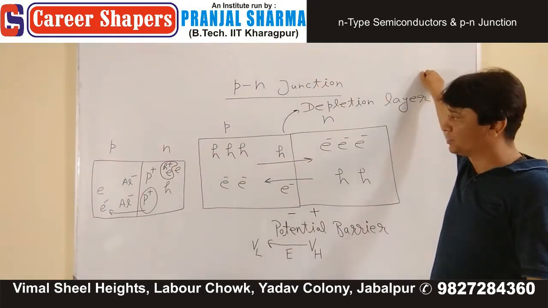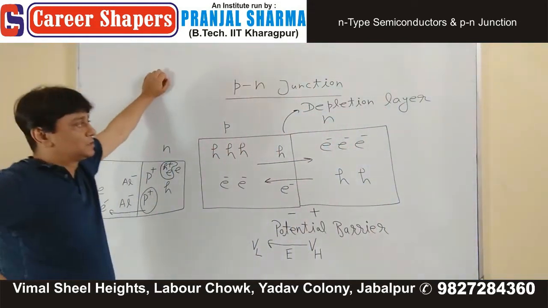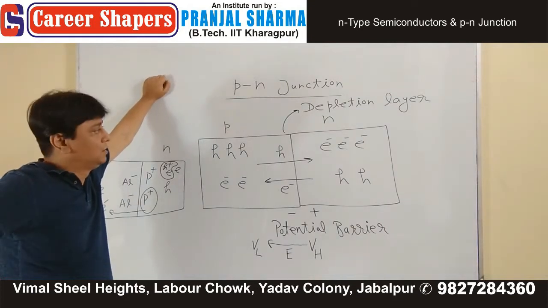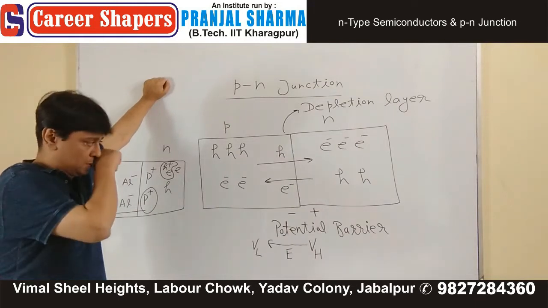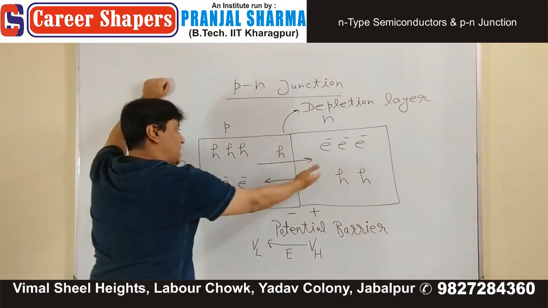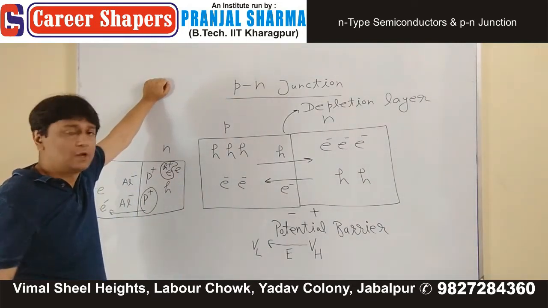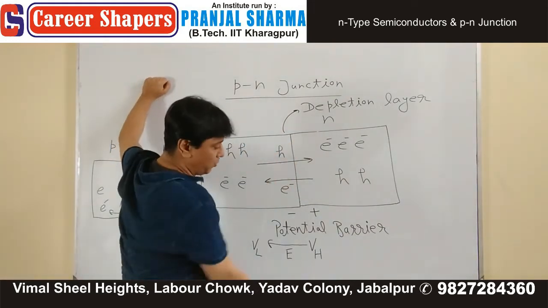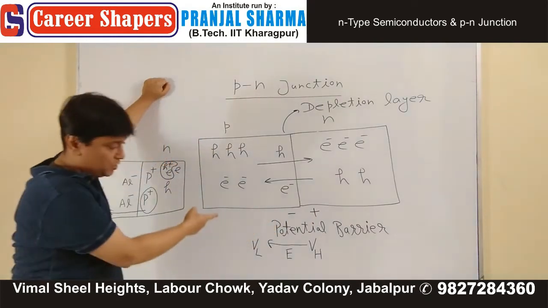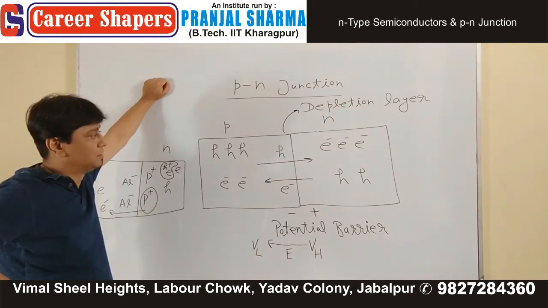This produces an electric field from N to P, from N side to P side. Remember, just for namesake, we are saying N to P. Direction of electric field is always from positive to negative, which it is in this case also. So it develops an electric field from N side to P side.